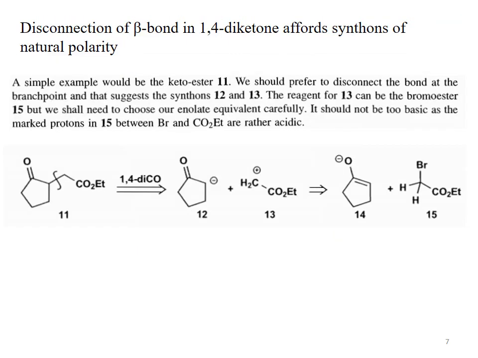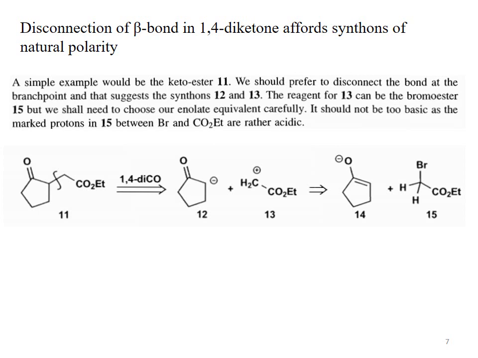Disconnection of the beta bond in 1,4-diketone affords synthons of natural polarity. In the previous two slides, we have seen the disconnection pattern of 1,4-diketone. The target molecule was 1,4-diketone. In the first slide, we saw that when the beta bond is disconnected, or the molecule is disconnected from the middle, we obtain two fragments, both synthons of natural polarity.